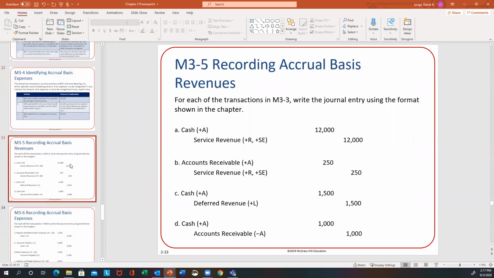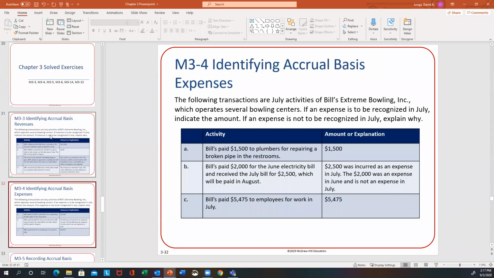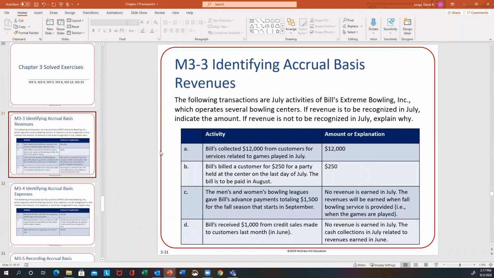So on some of these transactions, you can look at these activities. Let me get my arrow on. So notice we've got, they collected money from customers for services related to games played in July, 12,000 bucks, and they billed them. So each of these have individual transactions. And so then we'll kind of go through the explanation and then figure out exactly how we're booking the actual journal entry. And we'll get to that in a minute.